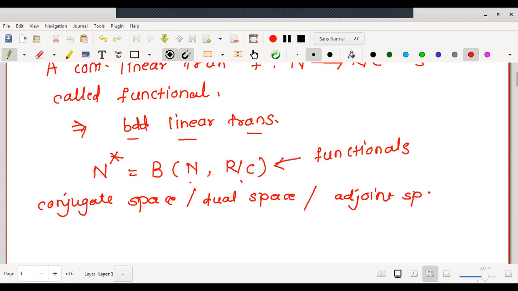The collection of all functionals is called the conjugate space, dual space or adjoint space.